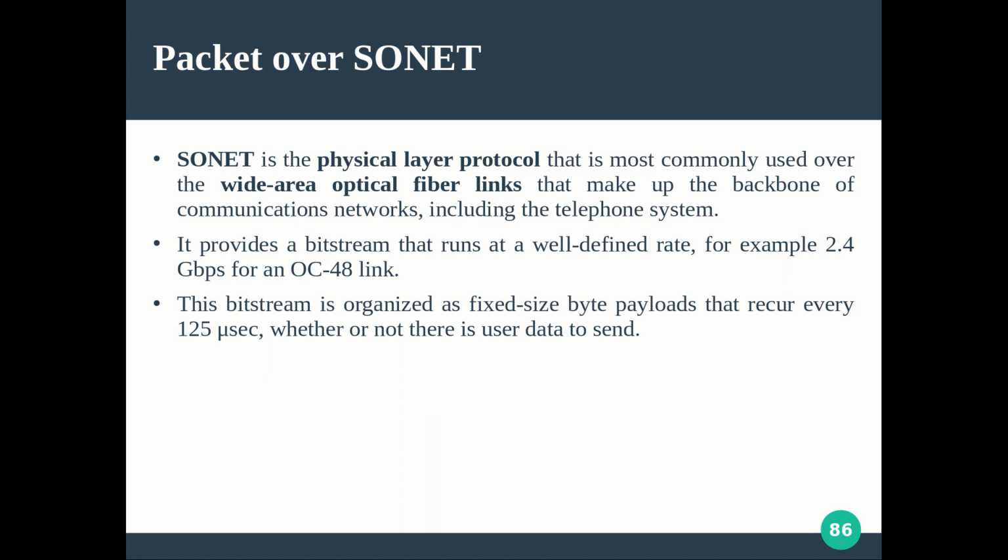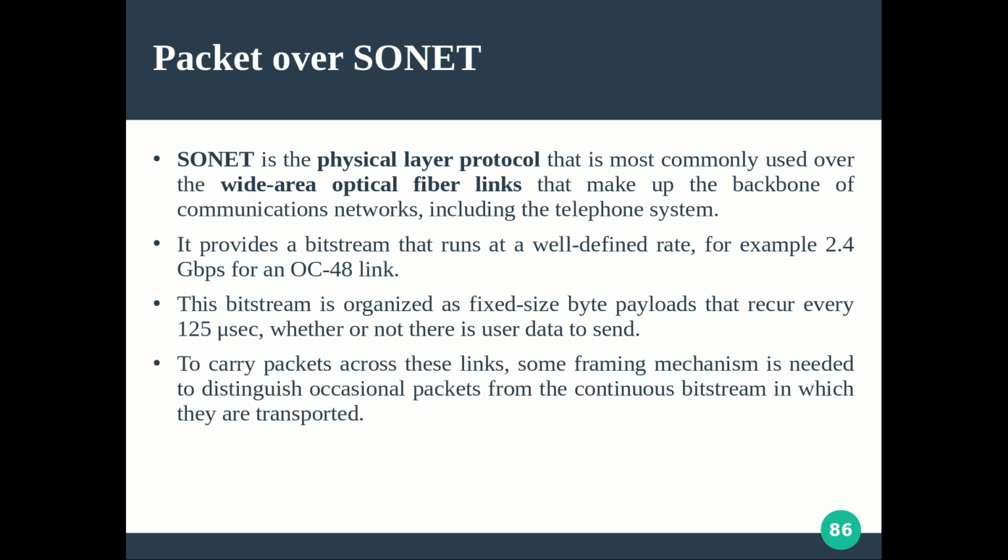So that is the physical layer part. Now in the data link layer, to carry such packets across these links, some framing mechanism is needed to distinguish the occasional packets from the continuous bit stream. Why is it so? Because as we have already seen, whether there is data to send or not, it will keep on sending fixed size byte payloads.